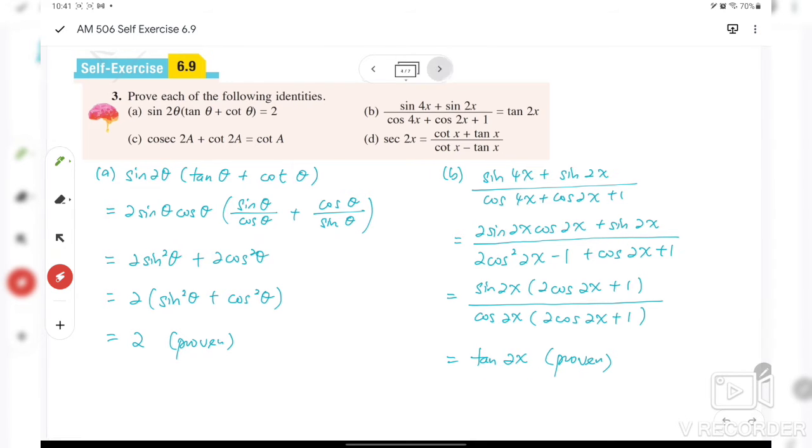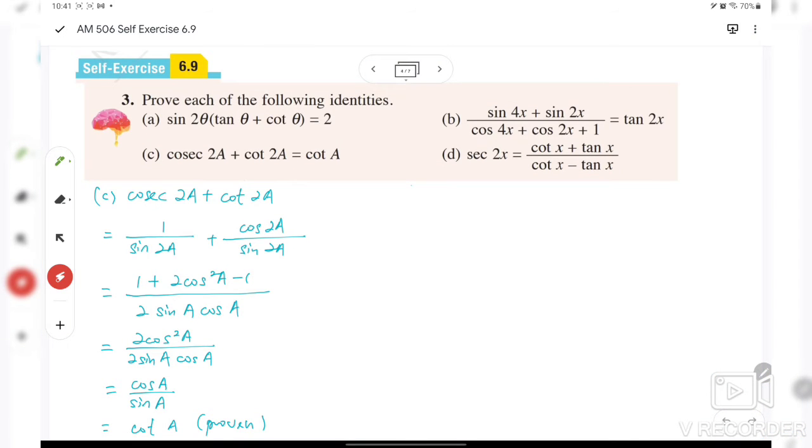Proven. C. Cosecant 2A plus cotangent 2A equals cotangent A. Same thing, we start from the side with the double angle. So cosecant 2A is 1 over sine 2A. Cotangent 2A will be cosine 2A over sine 2A.